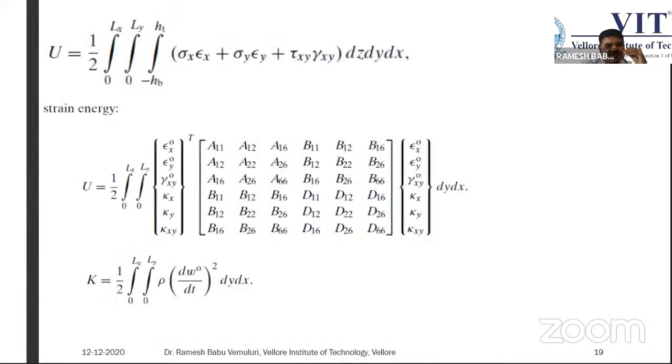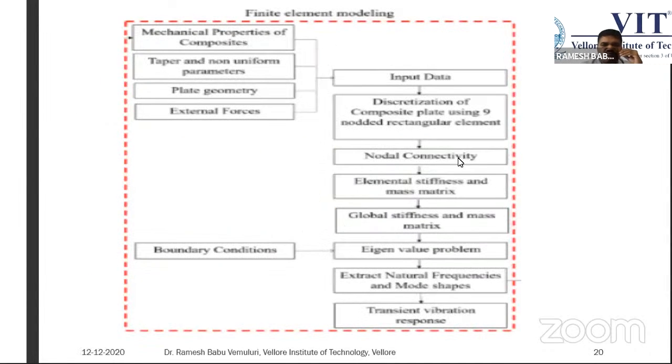In these equations, you know the u, and now you can get epsilon x, epsilon y, gamma xy and all. So once we substitute in the form of shape functions, then we can get the elemental stiffness and the mass matrices.